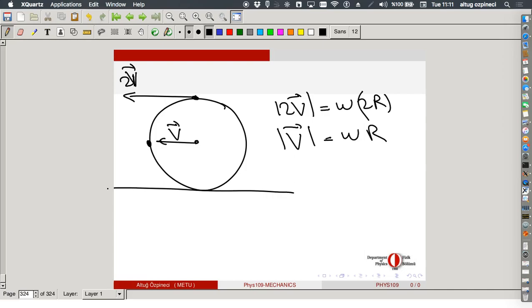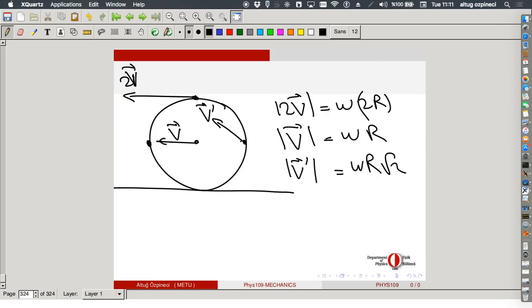So the total velocity of that point is in that direction. So at this point, we'll be moving in this direction. Let's call it v prime. V prime is omega r square root of 2.